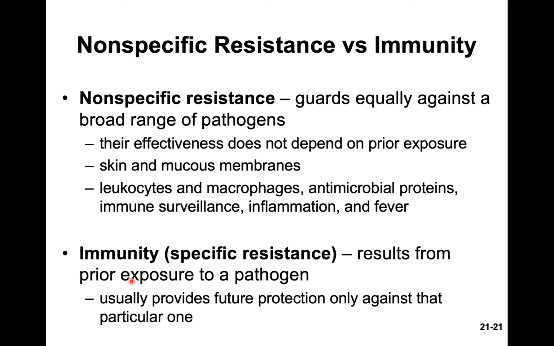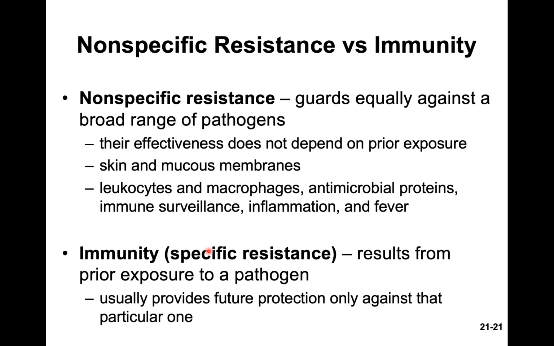Again, defining what's nonspecific, like the skin or mucous membranes, versus what is specific, like T cells and B cells. The nonspecific immune system is the first and second lines, and this nonspecific resistance of your body includes the skin, the mucous membrane, and all the cells that we listed. For the immunity, that specific resistance, the key word is antigen.